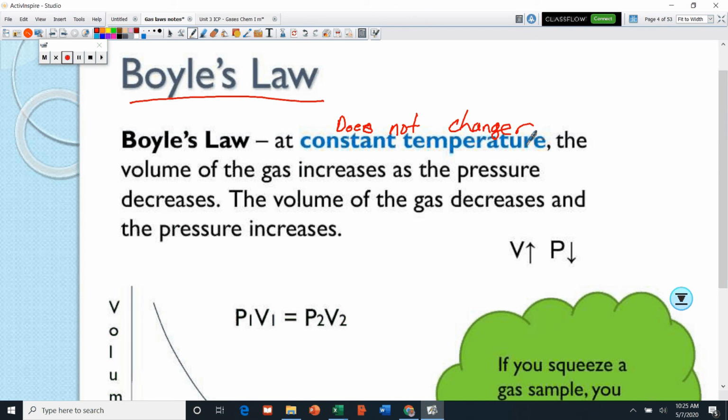So temperature is held constant. Temperature is fixed. So at constant temperature, the volume of a gas increases as the pressure decreases. Or the other way to say that, if the volume of the gas decreases, the pressure increases. So what this tells us is that this is an inverse relationship.